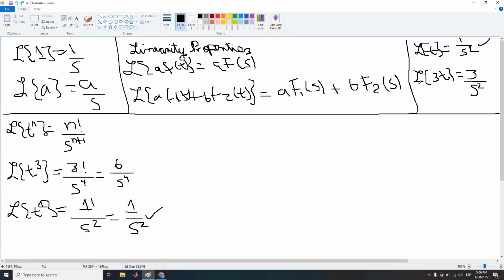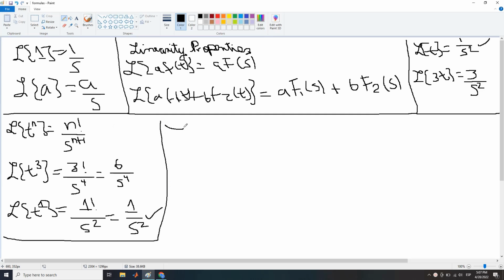I recommend that you learn the Laplace transform of t and the Laplace transform of a constant because they are very common to see in differential equations. And whenever you have a function that has t to a power greater than or equal to 2, use the formula that we have just seen.